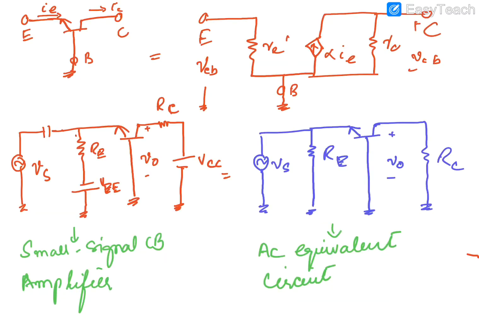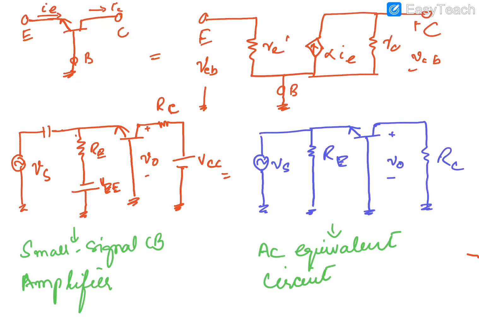So here is the symbol for the transistor, and as the base is common with respect to emitter and collector, this is common base configuration. Using transistor parameters we can draw a model for this transistor, which is this one.